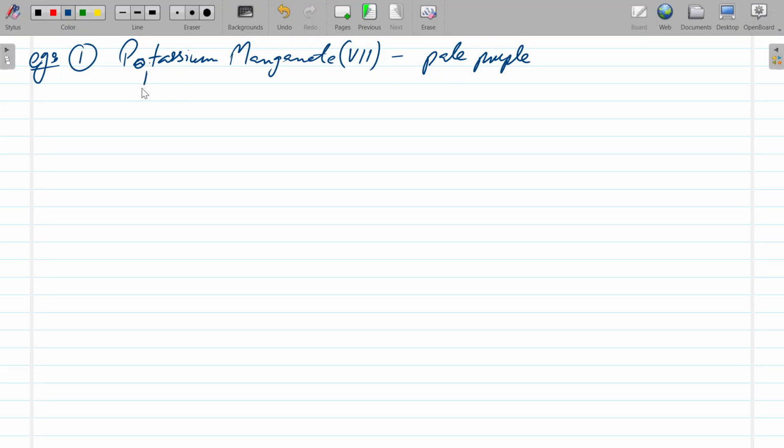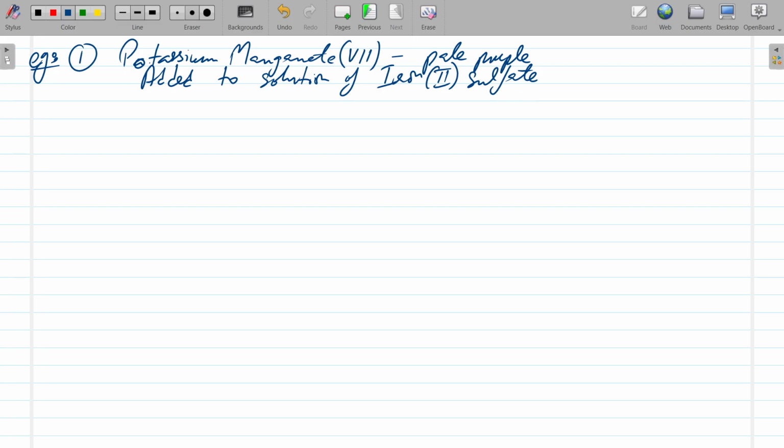And this is added to a solution of iron(II) sulfate. So the oxidation state of iron is +2. It has lost 2 electrons. Sulfate.